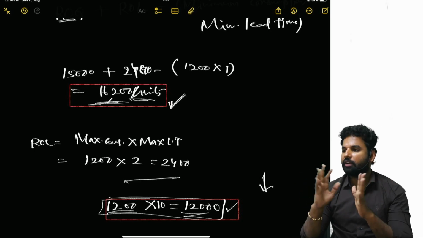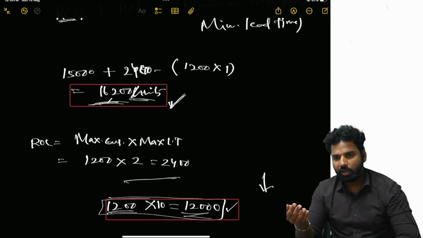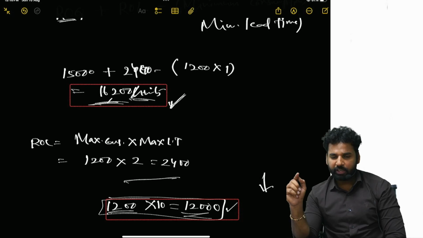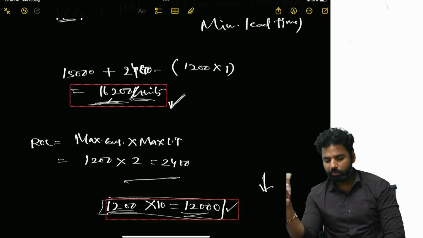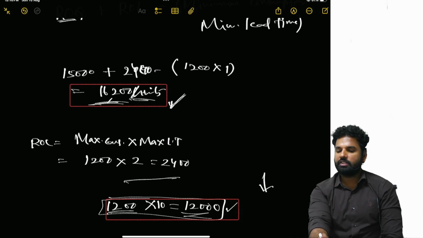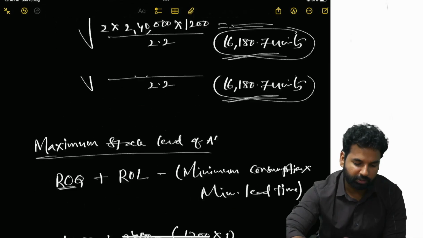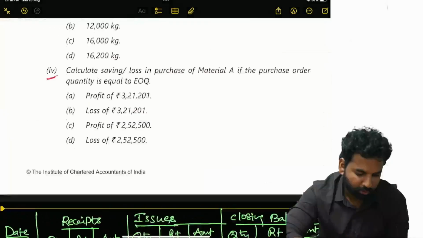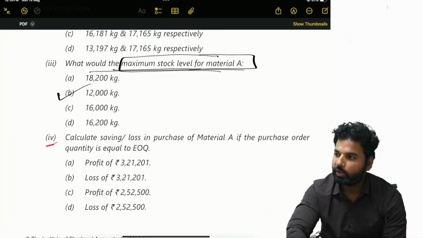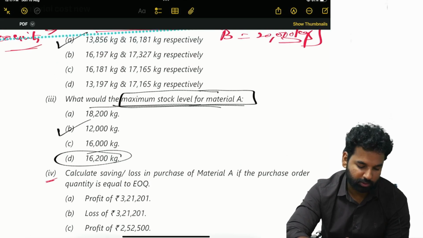More than 10 days we cannot maintain, because after that it will perish. So 1200 into 10 is 12,000. So 12,000 or 16,200, whichever is lower, will be the maximum stock level of A. So what is the answer now? 12,000. Okay, 16,200 is the calculation.